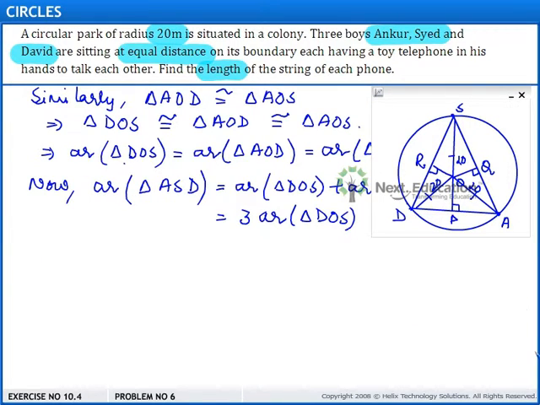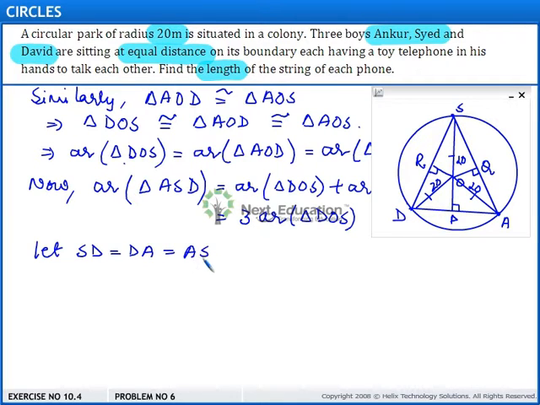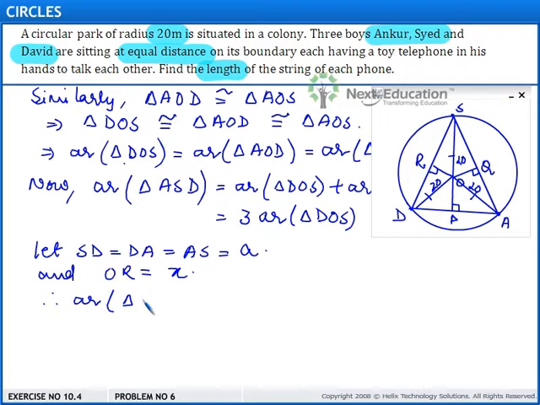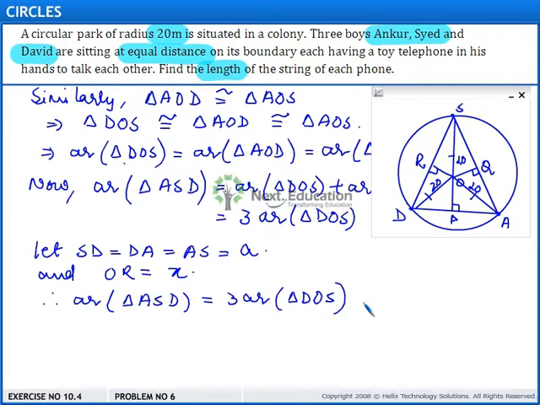Now, we know that the three boys are sitting at equal distance, therefore let SD is equal to DA is equal to AS is equal to a, and since equal chords are equidistant from the center, therefore we have OR is equal to OQ is equal to OP. So let OR be denoted by x.